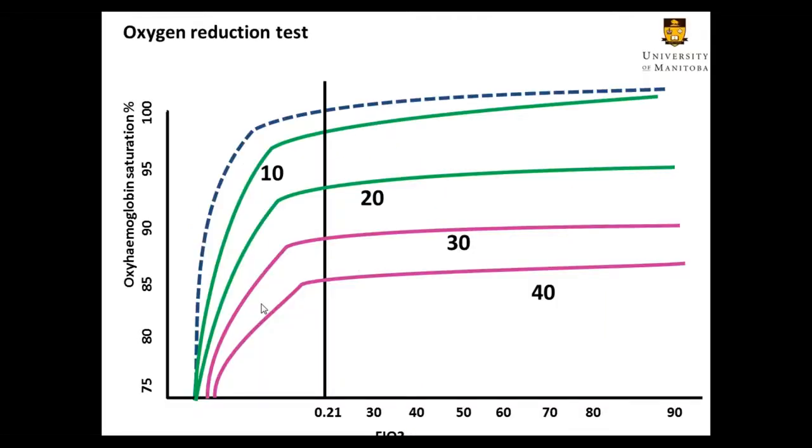If we apply the oxygen reduction test in the previous model, because the ventilation perfusion mismatch in this situation will be severe, and right to left shunt is the extreme of that, the infant is requiring a high fraction of oxygen, around 90%. So we apply the oxygen reduction.